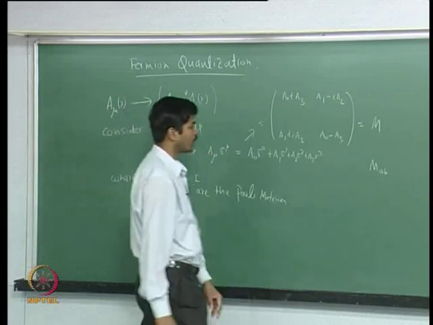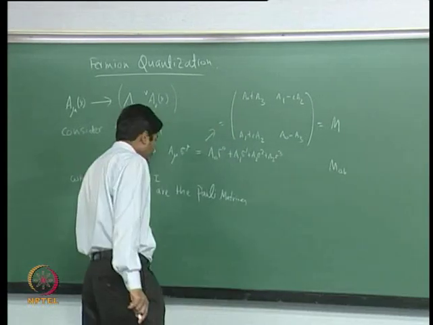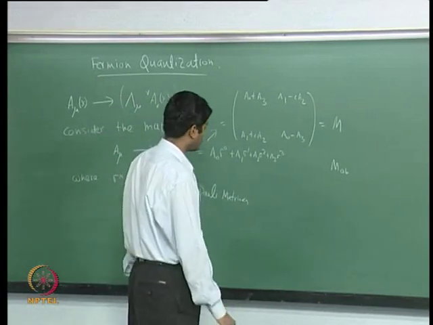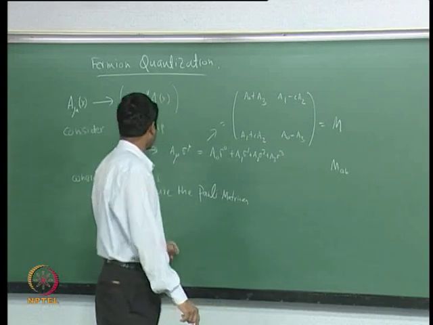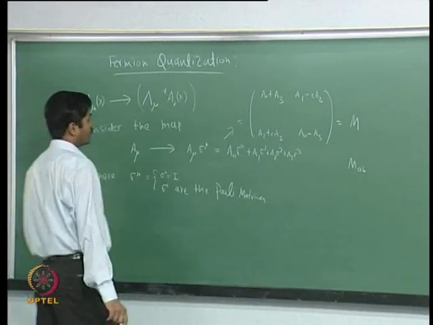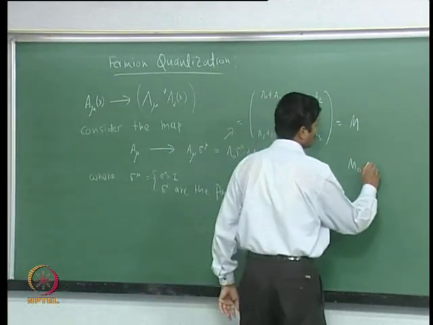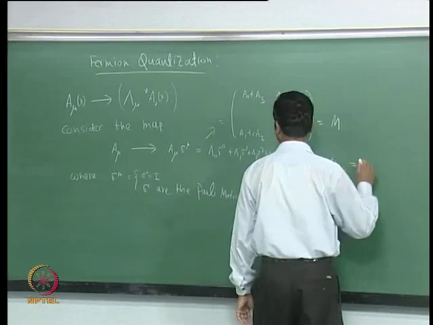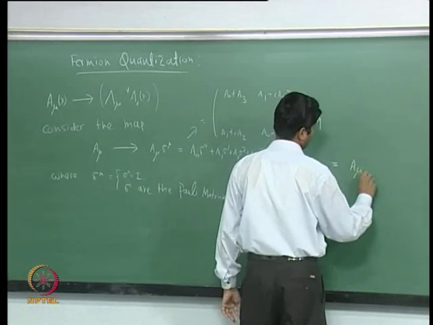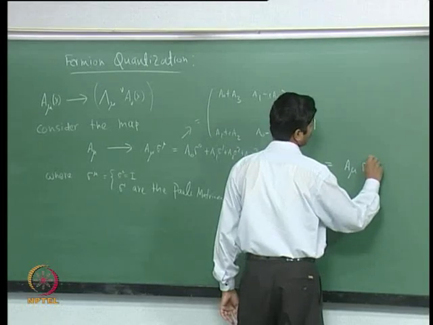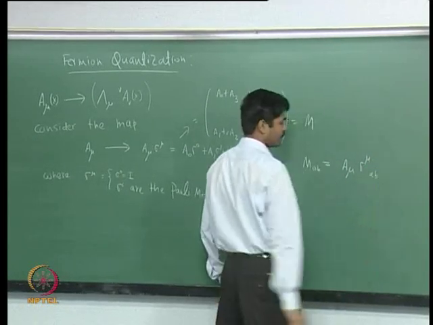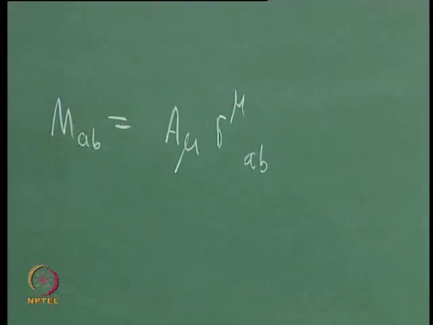We will work it out; it will take us a few more steps. So, M_AB is nothing but A mu sigma mu AB. That is our M_AB.